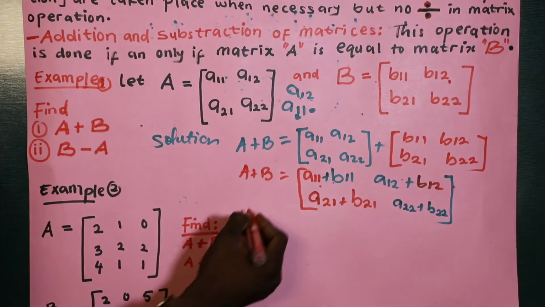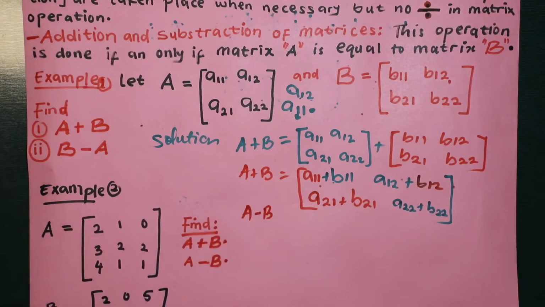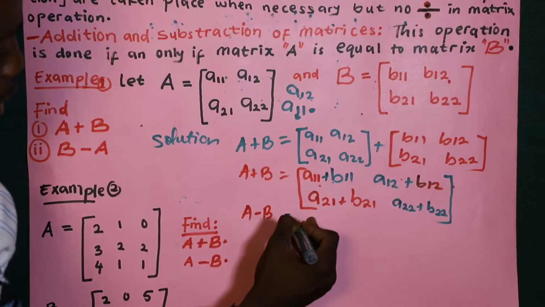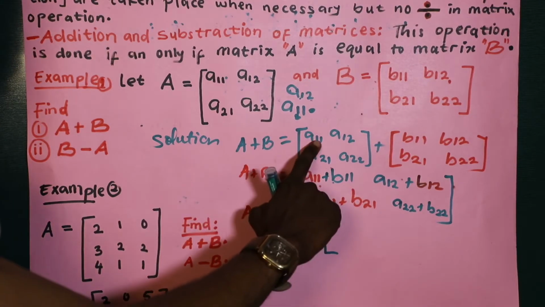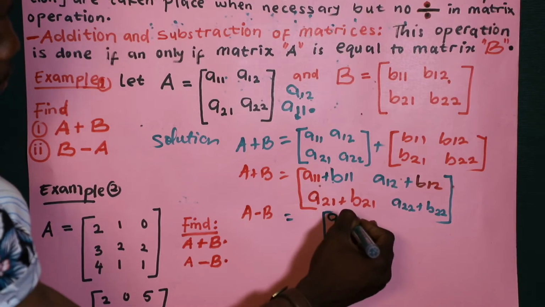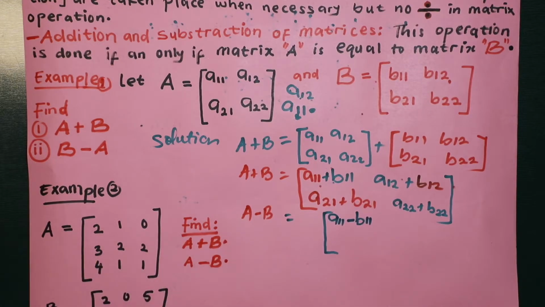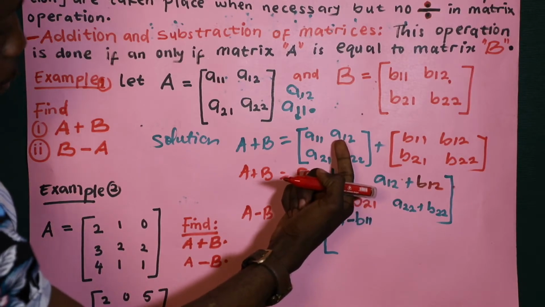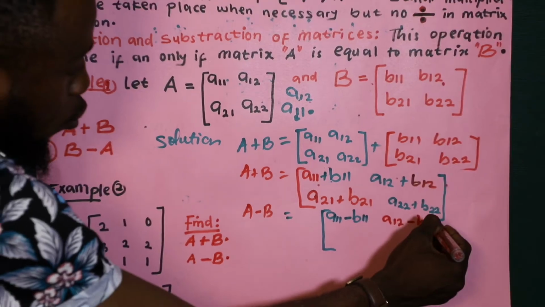When subtracting, let's find A minus B. The matrix A minus B will be A11 minus B11. Then you shift and subtract A12 minus B12.